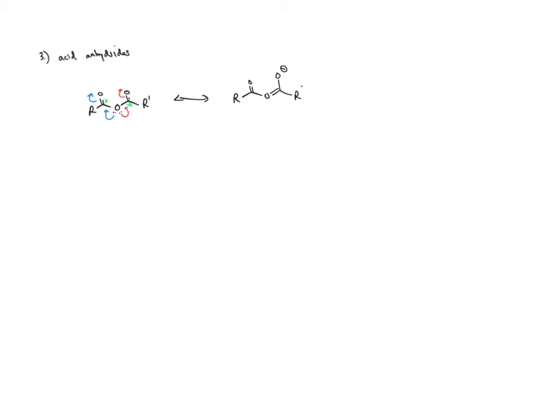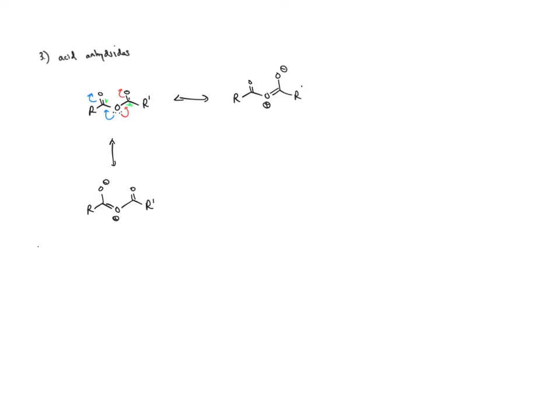Again, not very good, right, because we've got positive charge on oxygen, but we've also got a resonance form that looks like this. Also not very good, because of the positive charge on oxygen. So the lone pairs on oxygen only contribute half as much electron density to each carbonyl. If half of the electron density is going to the left, half of it is going to the right. And that leaves the carbonyl carbons with less electron density, and therefore they're more electrophilic.